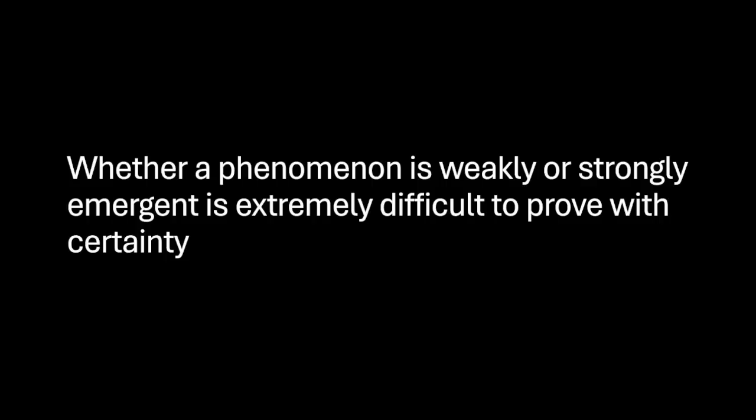And if the behavior of the phenomenon is entirely determined by the math of the fundamental constituents, you have a weakly emergent phenomenon. Now, I should make the note that phenomena can be weakly emergent with respect to different domains. So we talked about different domains of knowledge. In each of these domains, you can show that there are weakly emergent phenomena.